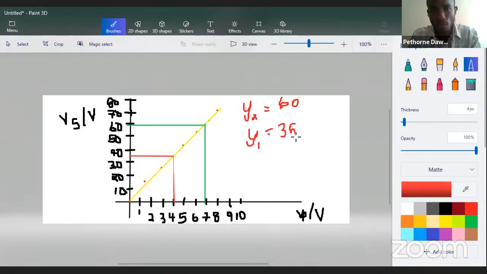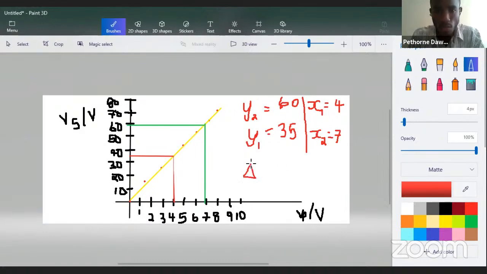And then we have x1, which is the corresponding value for y1, which is 4, and then x2 would be 7. You know the gradient is the difference of the y's, y2 minus y1.